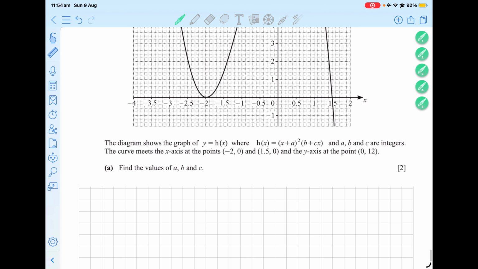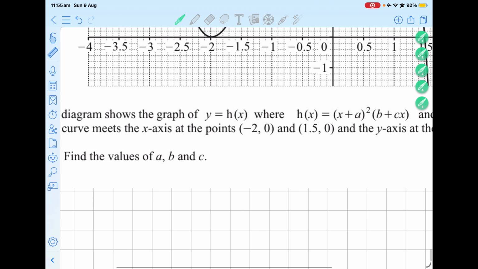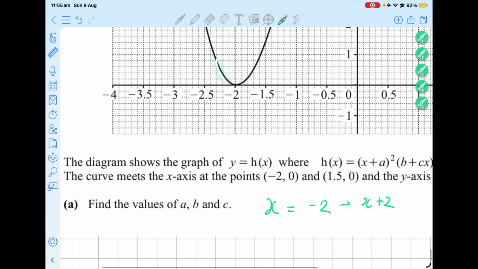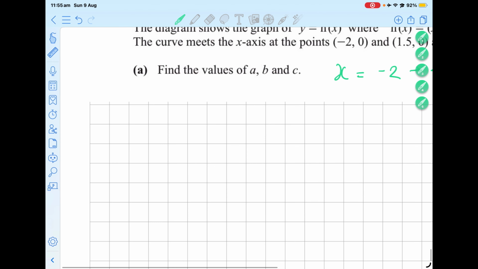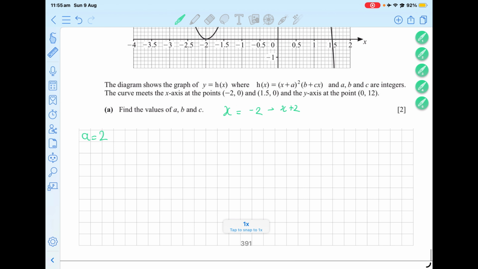Okay, so the diagram shows the graph of h of x. So h of x is this. We have these points. At minus 2, so x plus 2 must be the factor, and since it bounced off, it's squared, so a must be 2. And then this is really a simple question.